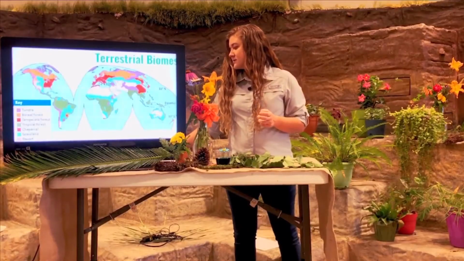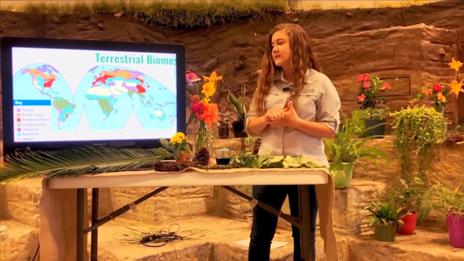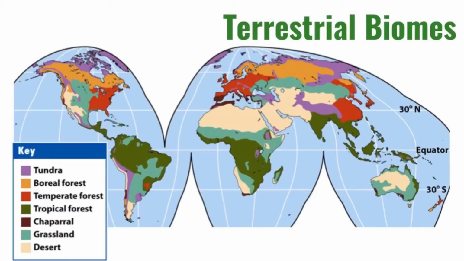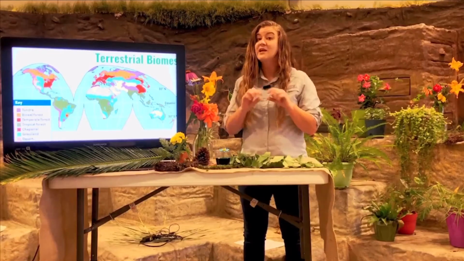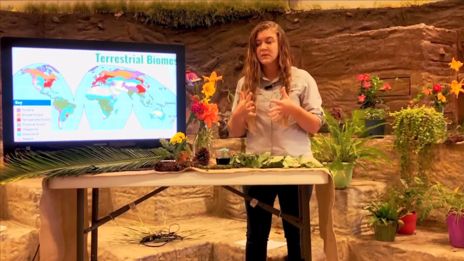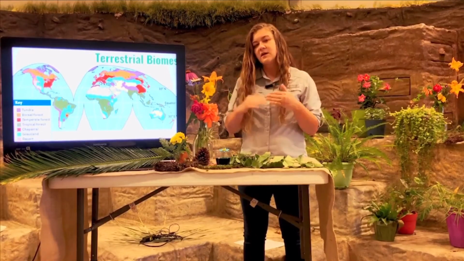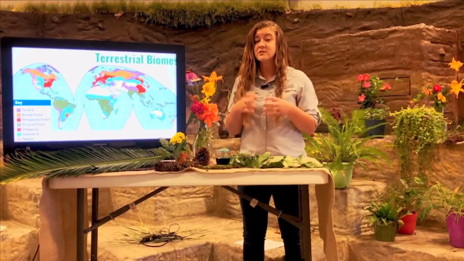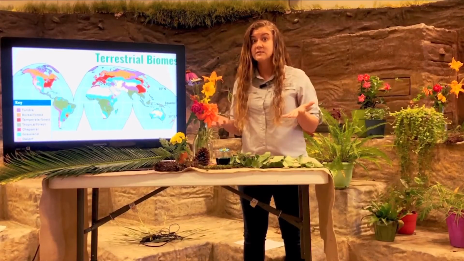If we go to this picture, you can see the world map. You'll notice there's no dark green of the tropical forest anywhere near the poles. The North Pole is going to be really cold, where the equator is going to be really warm. So that has a lot to do with it. And the moisture depends on the precipitation, if it rains a lot there.